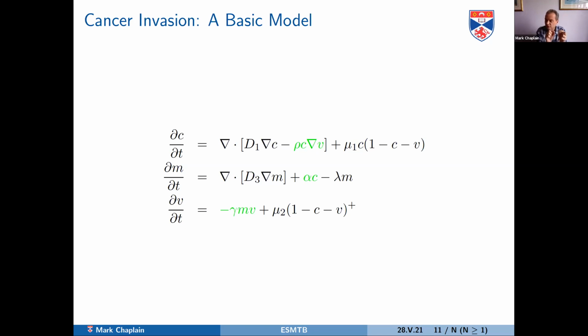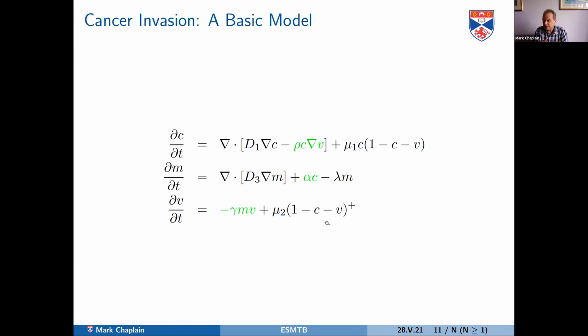If you want to distinguish between matrix-degrading enzymes or different components of the matrix, you can add in some more equations, but we can focus in on just a basic core model with the cancer cells. And the cancer cells produce matrix-degrading enzymes at some rate, and the matrix-degrading enzymes M, they diffuse and decay, and then the matrix-degrading enzymes, when they interact with the matrix, they degrade the matrix at some rate gamma.